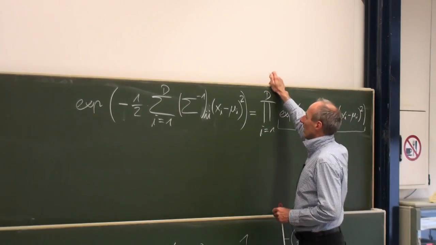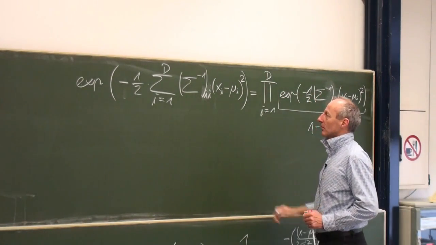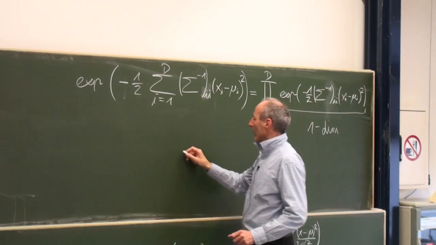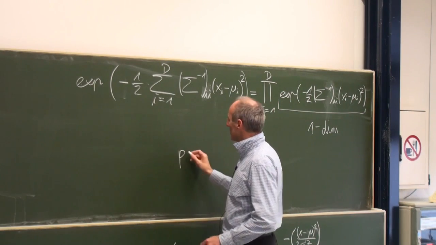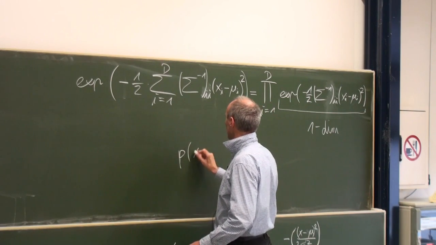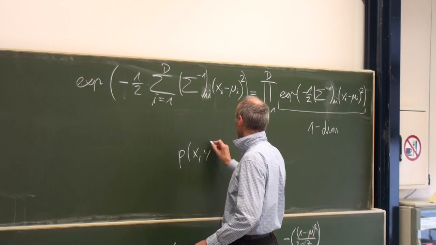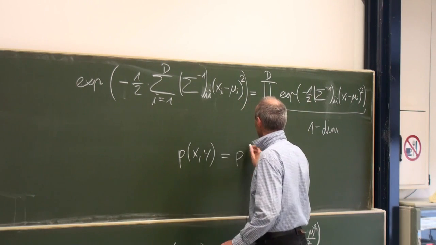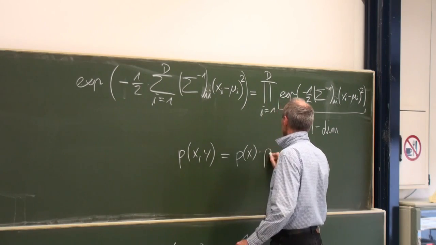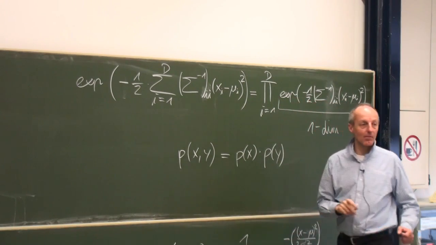And I mean, this is just the basic fact that if our variables are independent, then p of x and y is equal to p of x times p of y.